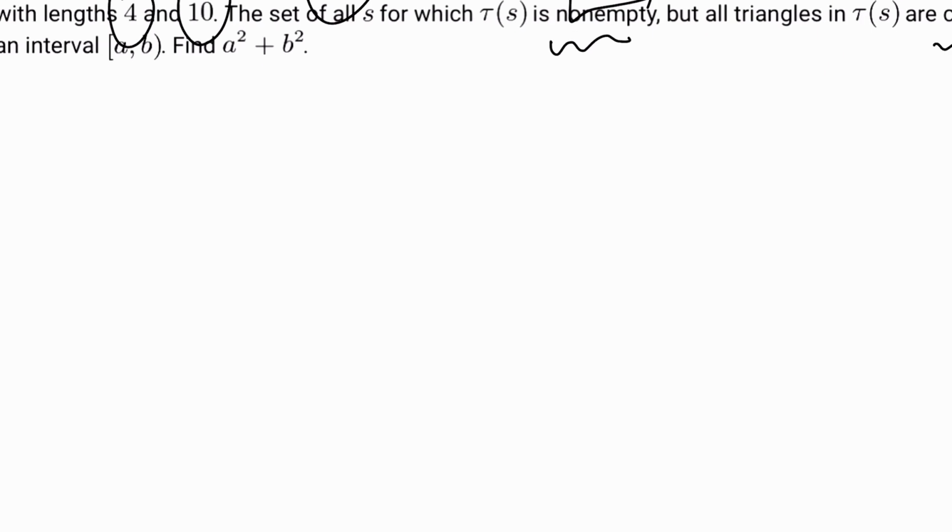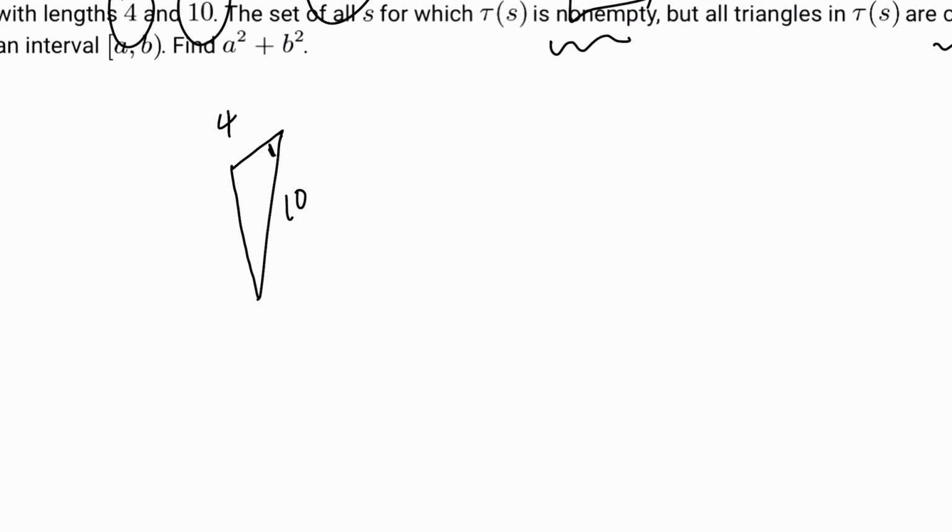Well, let's think about it. There has to be an angle between 4 and 10, don't we? So let's consider the case where this angle is acute. If this angle is acute, then some angle other than this may be obtuse. For example, we might have a situation like this.